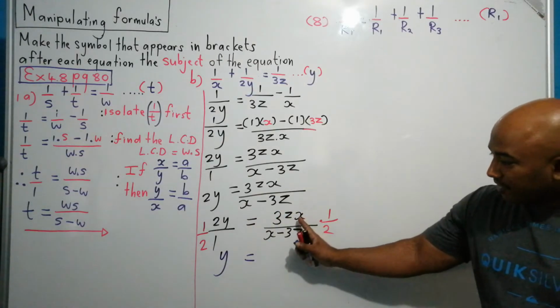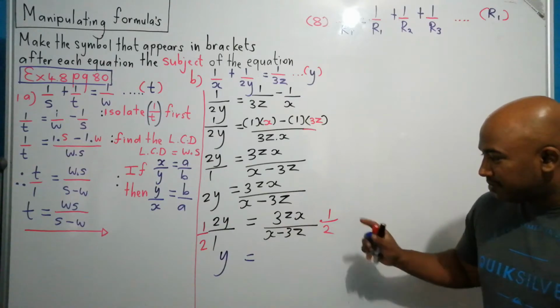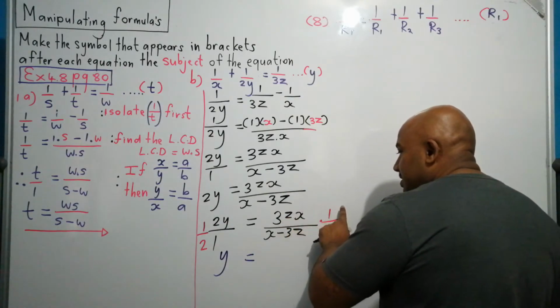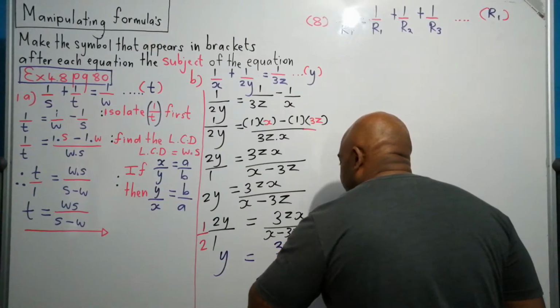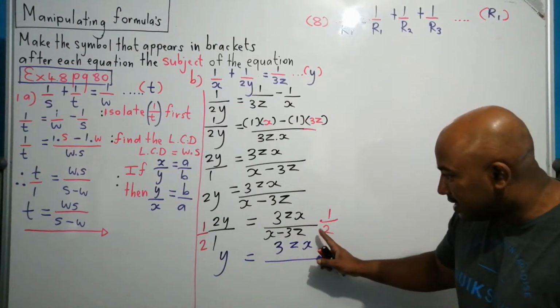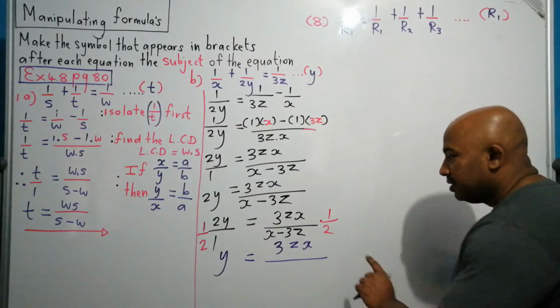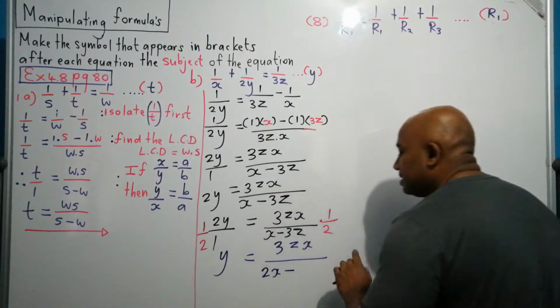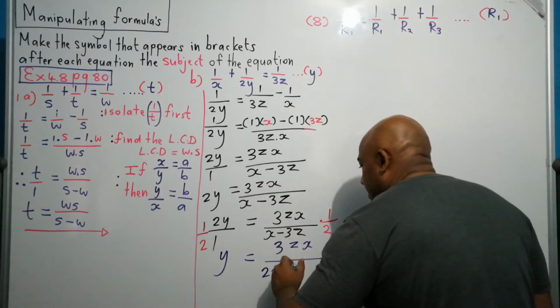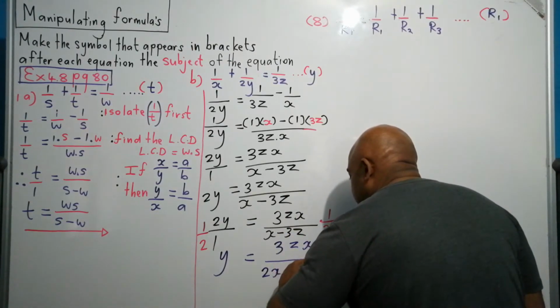When you're multiplying a fraction times a fraction, it's numerator times numerator. 3zx times 1 will be 3zx, and then denominator times denominator, so 2 times x will be 2x minus 2 times 3z, that will be 6z.